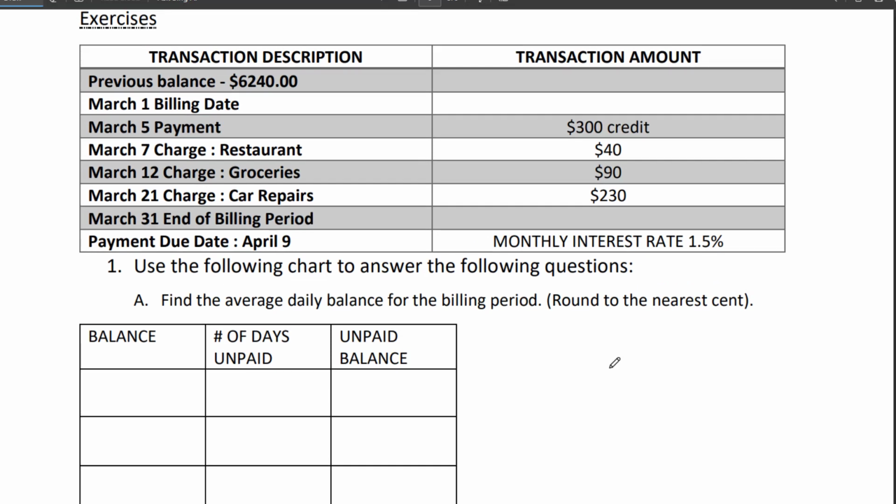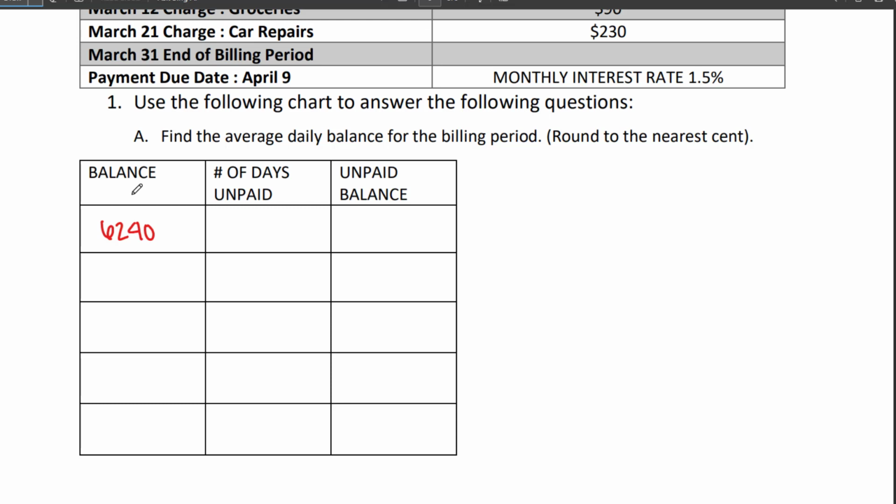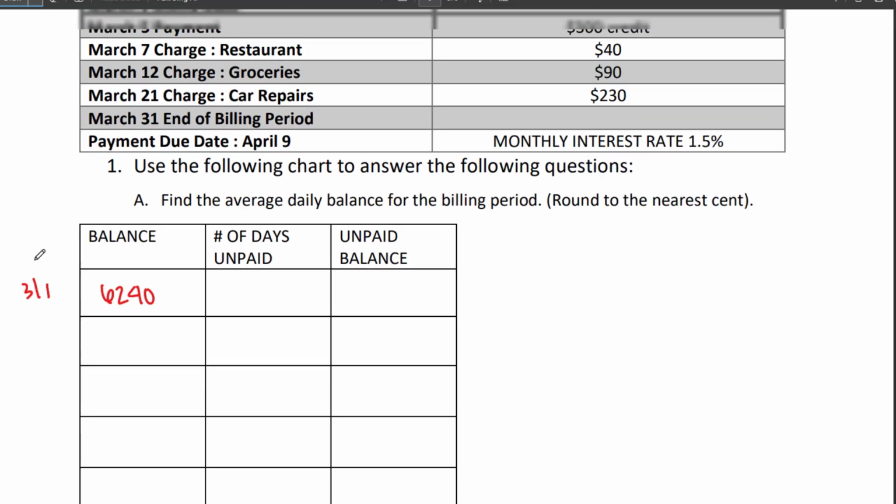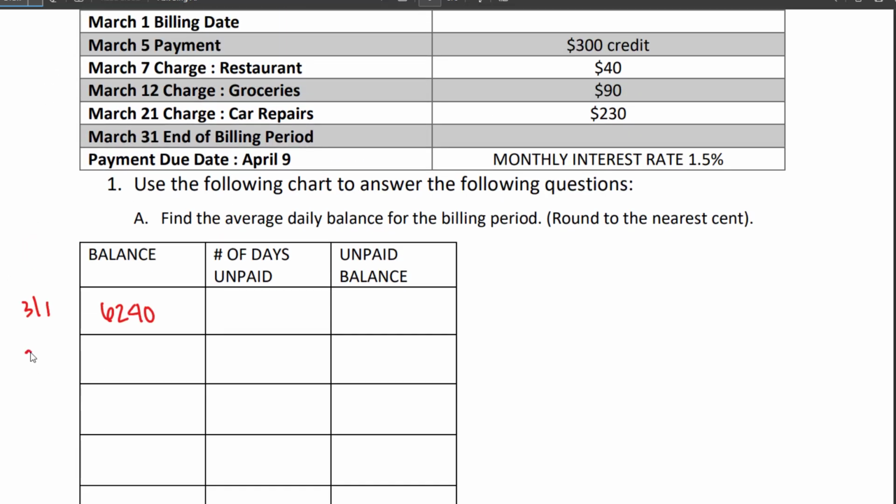So we're looking at the month of March. It says that our previous balance was $6,240. So I'm going to put this in our first box. So the easiest way to do this is to fill out our balance after each charge. So we have the first, we have the 5th, because we made a payment on the 5th, and then we have the 7th, 12th, 21st.